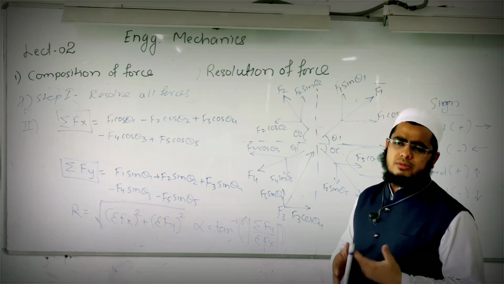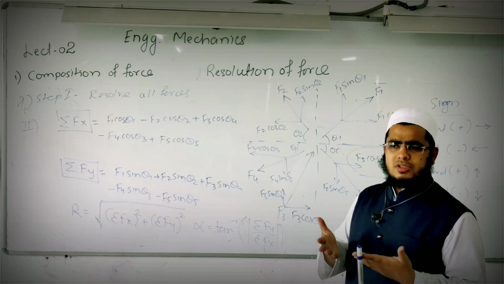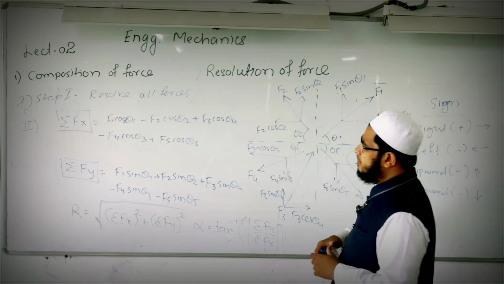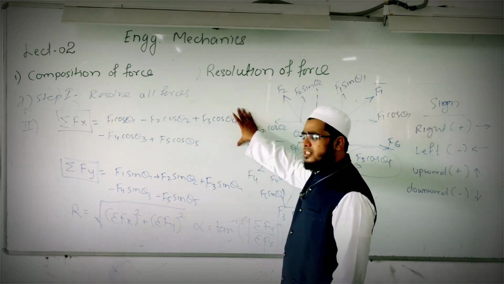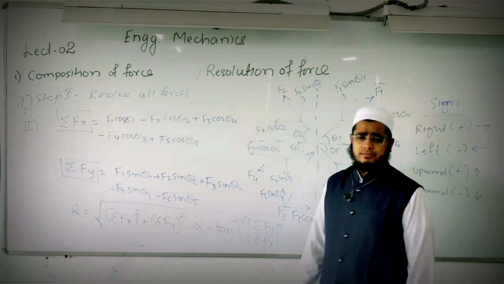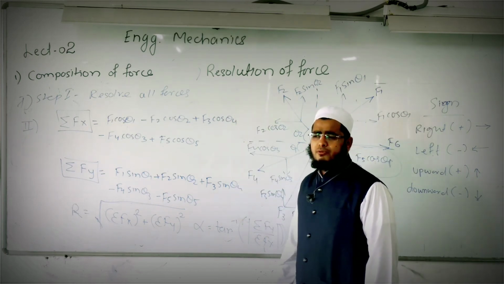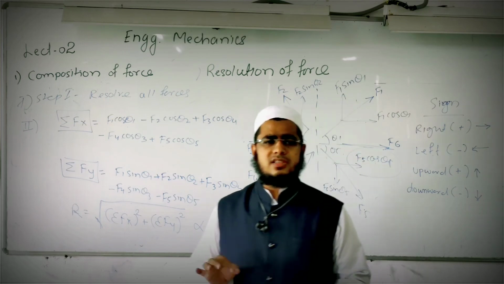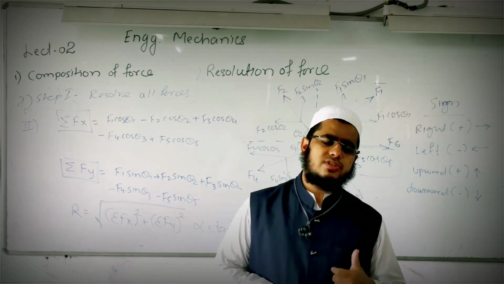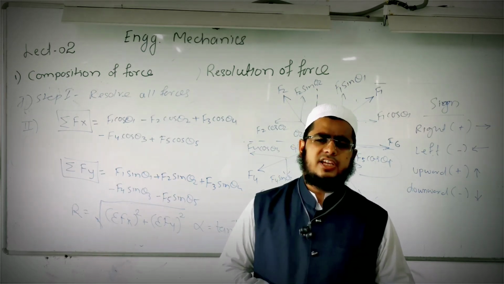The horizontal component is force times cos of angle, and the vertical component is force times sine of angle. After the resolution, we will determine the algebraic sum of horizontal forces, summation Fx, and the algebraic sum of vertical forces, summation Fy. For this, the very important thing is sign convention. We will consider rightward force as positive, leftward force as negative, upward force as positive, downward force as negative.